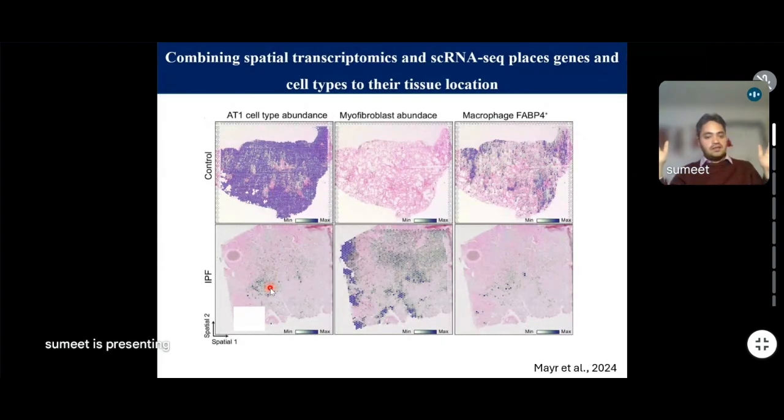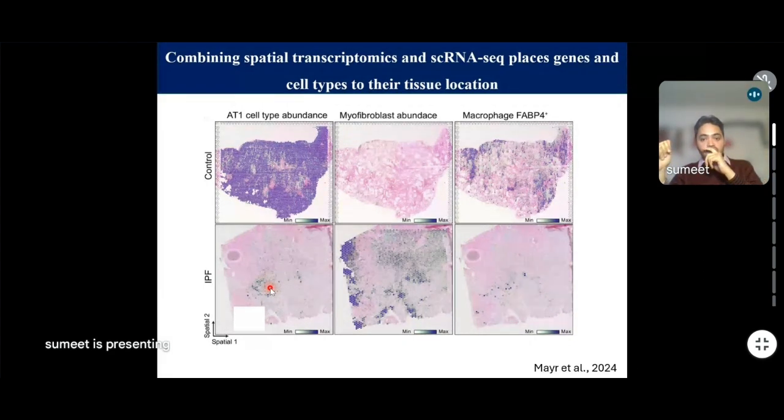You don't see epithelial cells. Most of your epithelial cells are completely gone. So one of the very first things you can observe with this technology is that alveolar type 1 epithelial cells are diminished in the IPF patient in comparison to control.